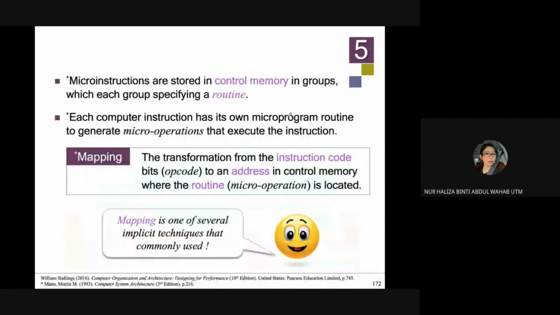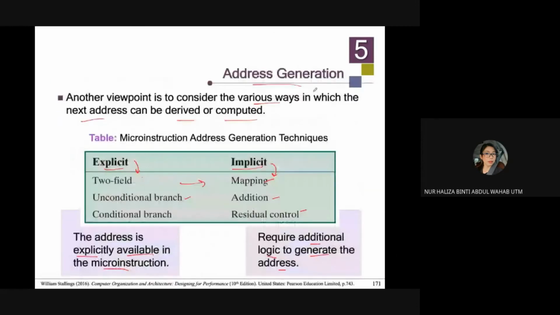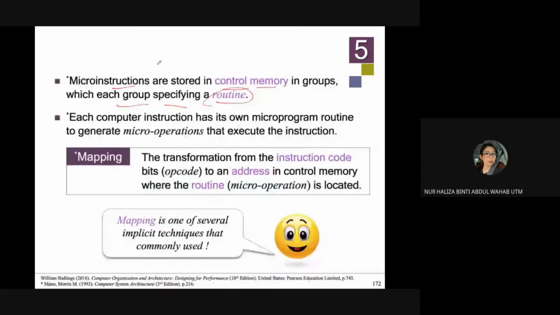Micro instructions are stored in your control memory in groups, with each group specifying a routine. So what is mapping? This one is you look into your implicit. Each computer instruction has its own microprogram routine to generate the micro operation that executes the instruction, which is your one single instruction.